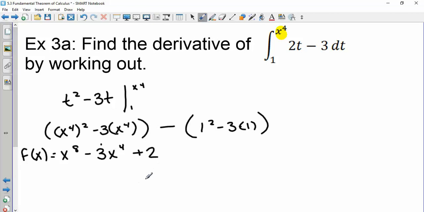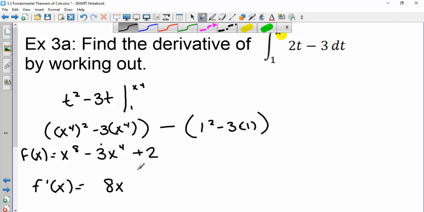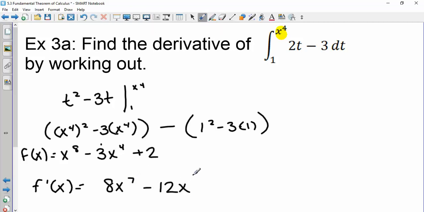So now I need the derivative of that. Which would be 8x to the 7th minus 12x cubed.